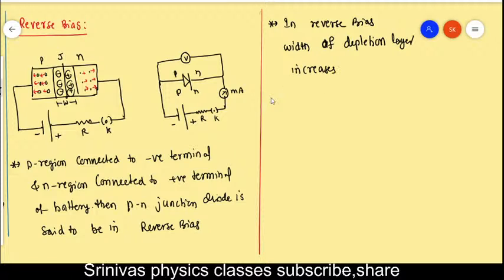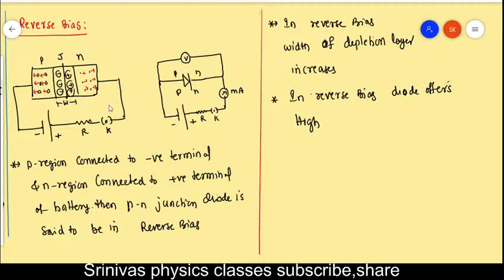In reverse bias, the diode does not conduct. In reverse bias, the diode offers high resistance.